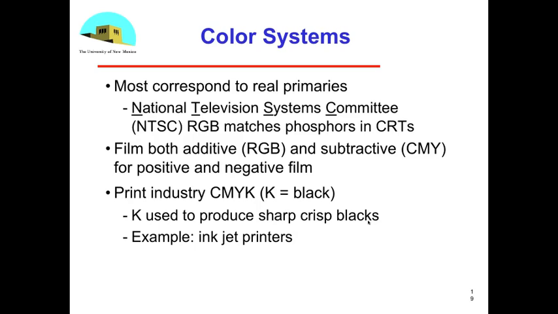RGB originally came from matching the phosphors in a CRT, and that's the NTSC RGB, which for a long time was the standard one that people used. CMYK, as we said, was used for printers, and actually you see that with printers because those of you who have inkjet printers, you'll notice you always have four little inks in there.